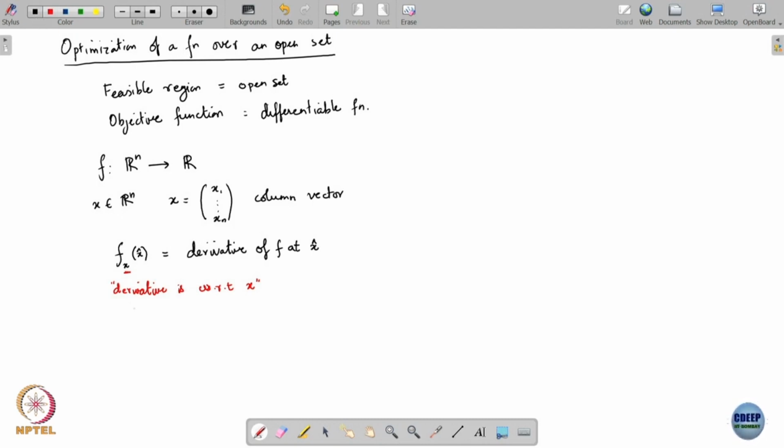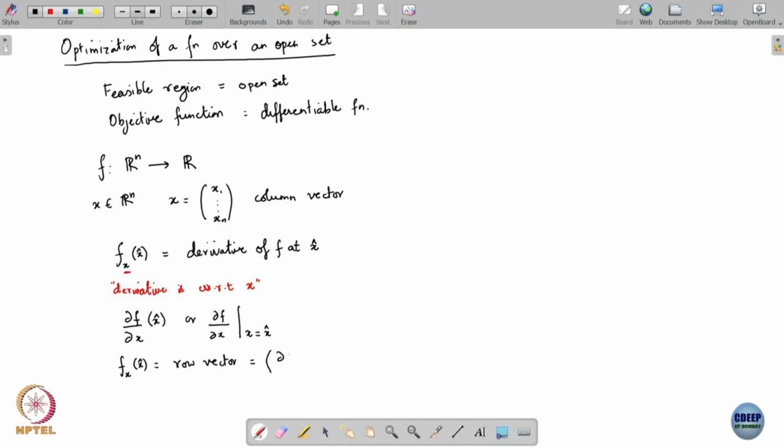Another notation for the same thing is this, evaluated at x hat, or this. The important thing to note is that this quantity, f_x at x hat, is actually a row vector, and it is defined in this way.